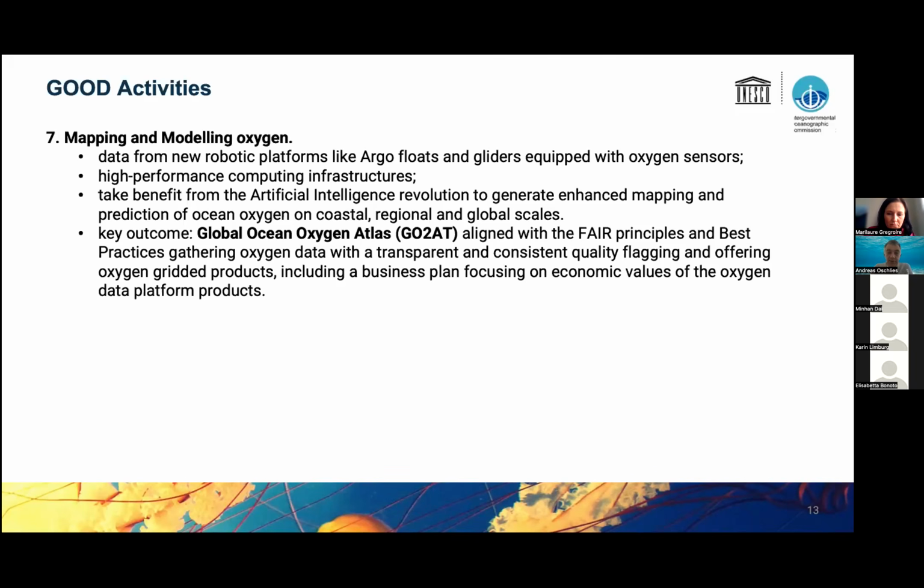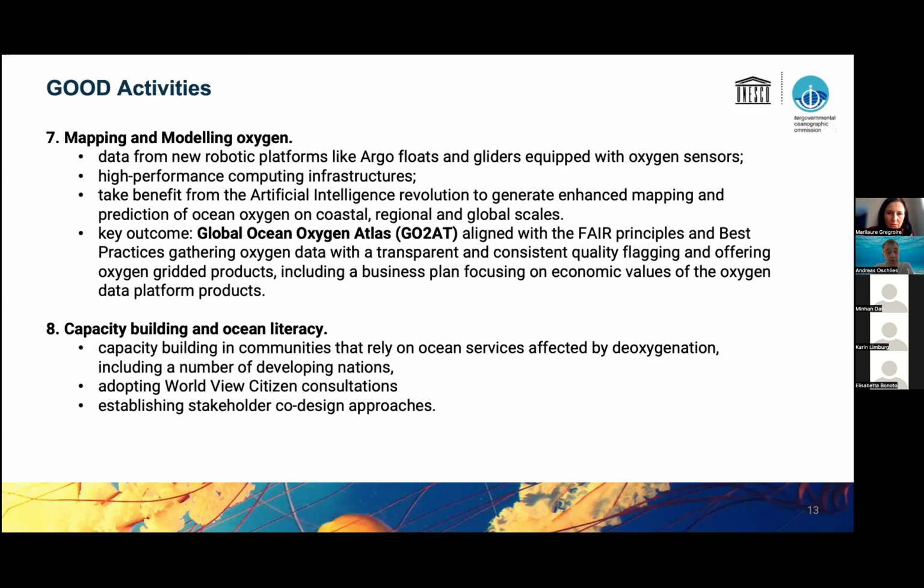So one key outcome we are heavily working on is the Global Ocean Oxygen Atlas, which should be a transparent and consistent, quality-controlled global data set of oxygen and oxygen changes.